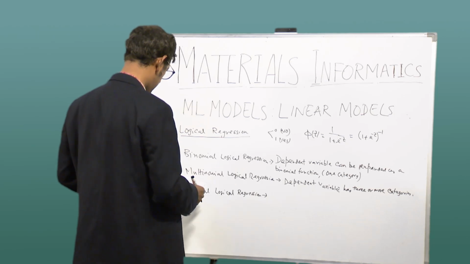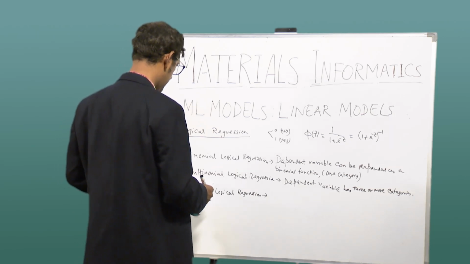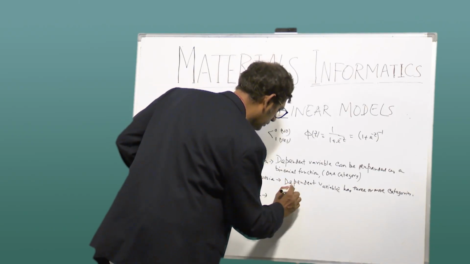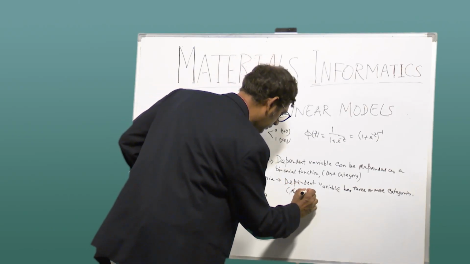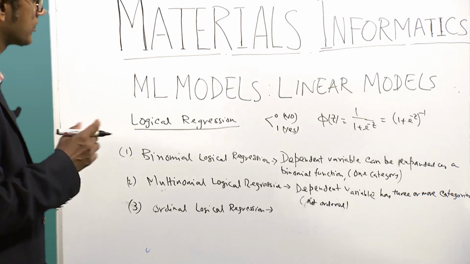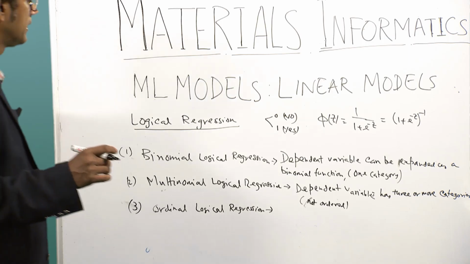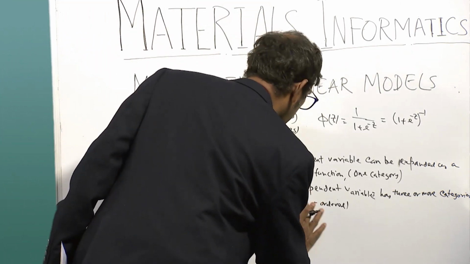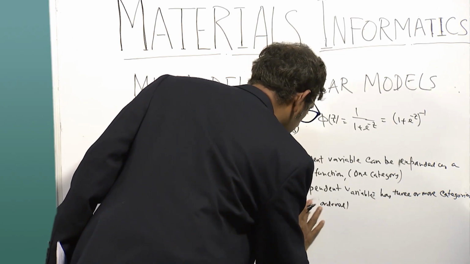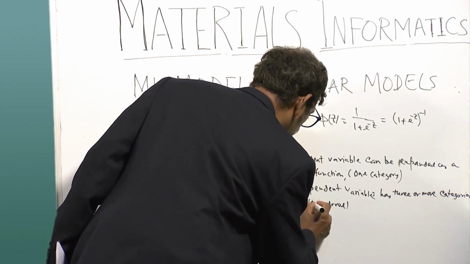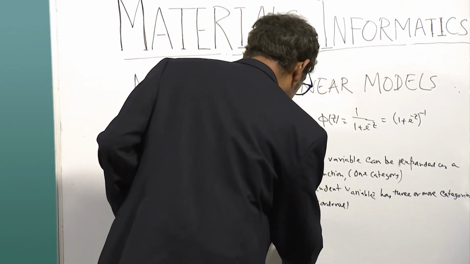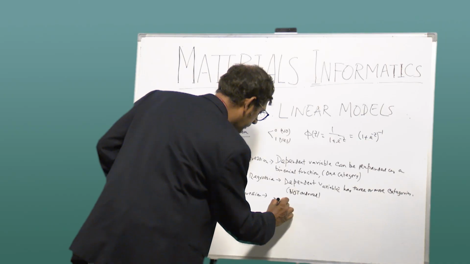In the last case, these variables are not ordered in a perfect order: like cat, dog, sheep, it can be dog, sheep, cat, or sheep, dog, cat. Not ordered. Let me write. But here, obviously, there are 3 or more dependent variables.